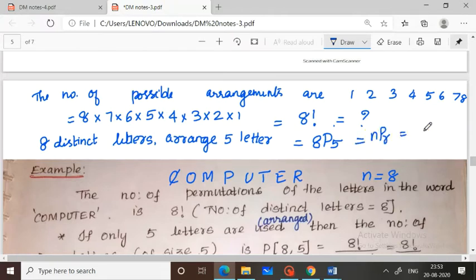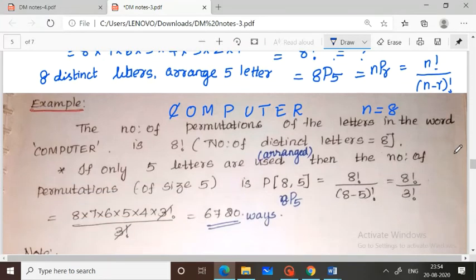You know that nPr is equal to n factorial by n minus r factorial. That is 8 factorial by 8 minus 5 factorial, which is 8 factorial divided by 3 factorial.